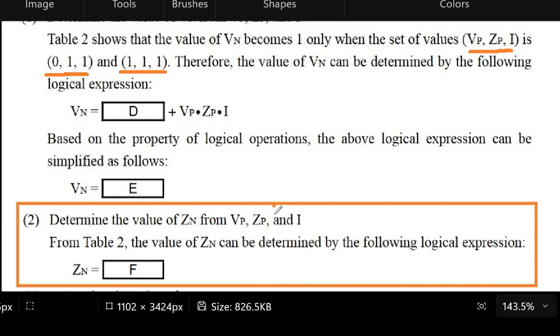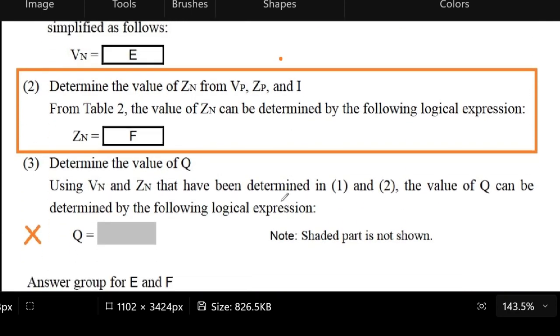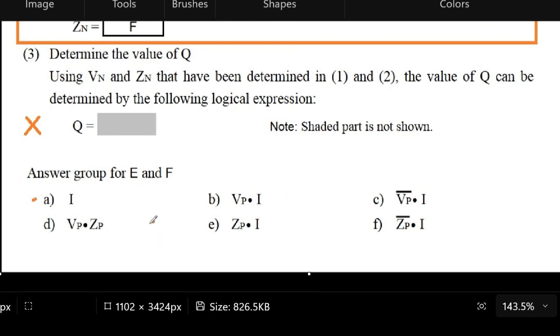Before we jump into the table 2, we can look at the choices that we got so that we have an idea what the answers could be. We've seen this set before because in the previous sub-questions, we had to choose among the answers in the list here.